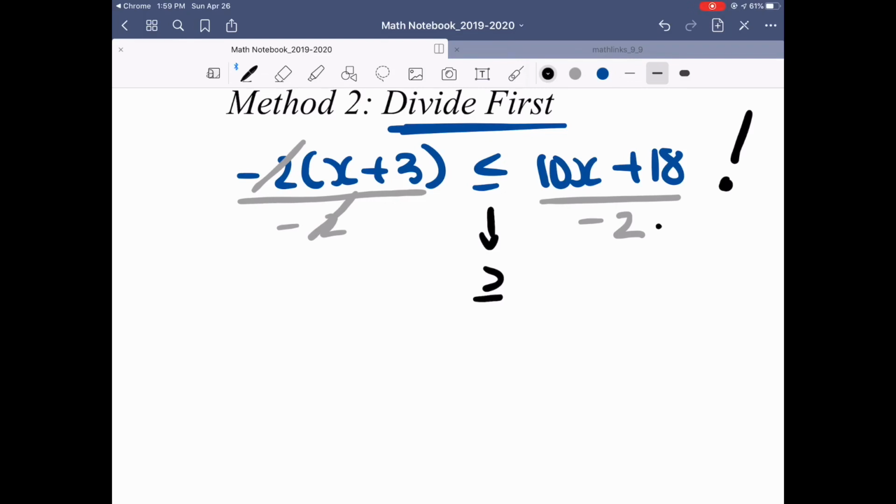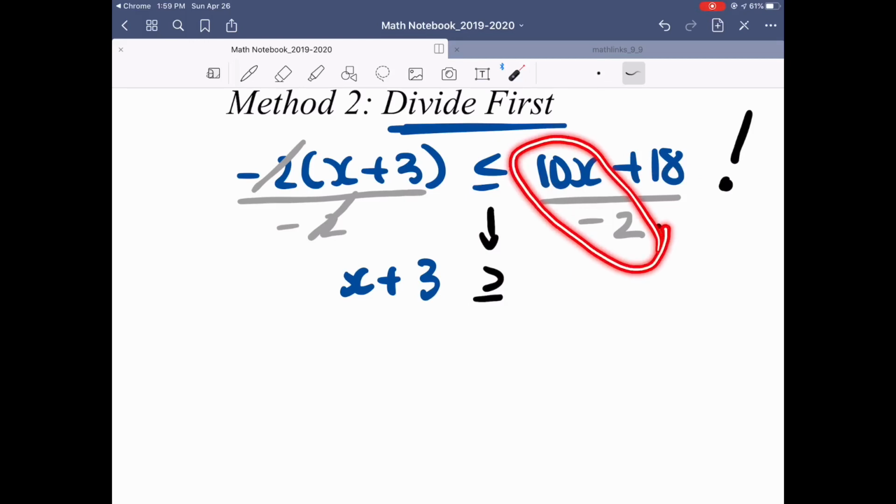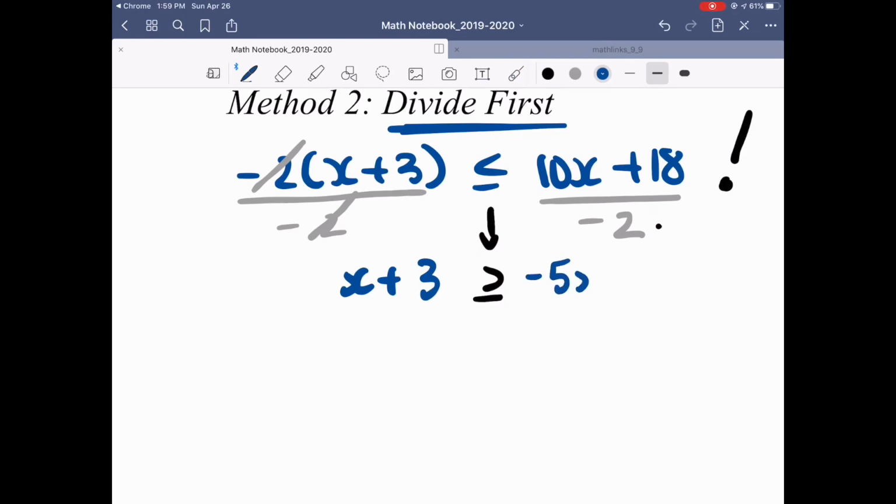Okay? So on the left side, we're left with x plus 3. And on the right side, we have a binomial divided by a monomial, and we learned how to do this, right? So we're going to do 10x divided by negative 2 first, which would be negative 5x. And then positive 18 divided by negative 2, which would be negative 9.